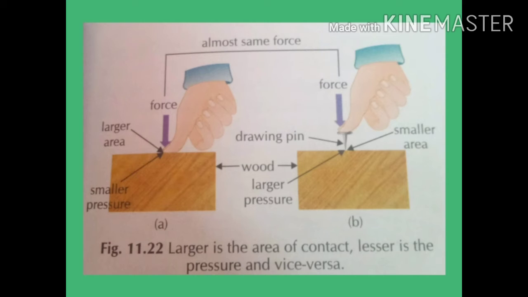But when we push a drawing pin into the wood with the same force of our thumb, the drawing pin goes into the wood. Although the force applied on the wood is almost the same in both cases, the drawing pin has a much smaller area of contact as compared to our thumb.